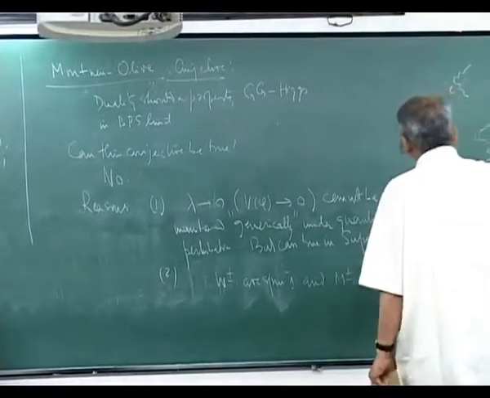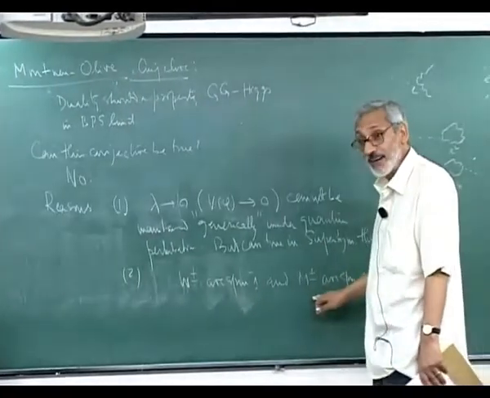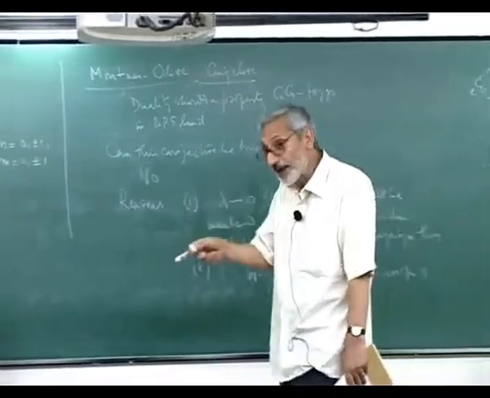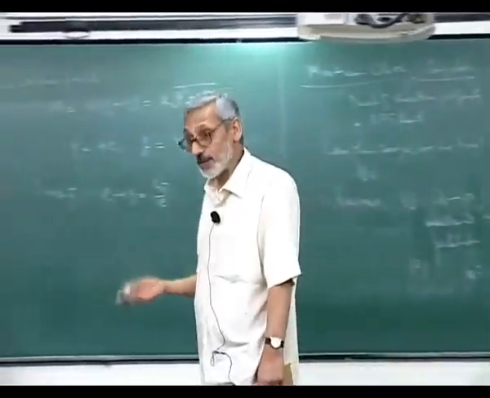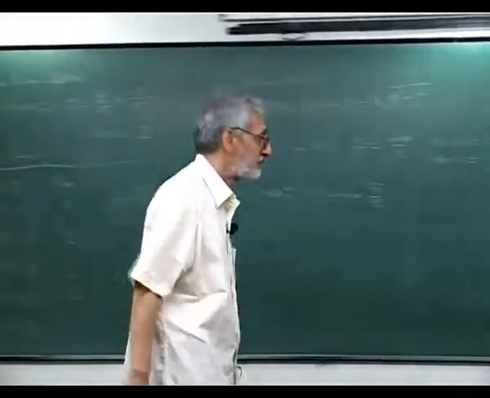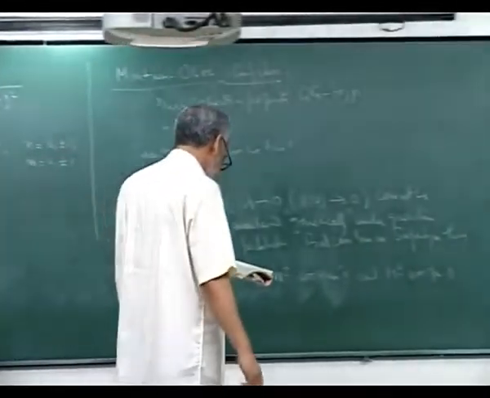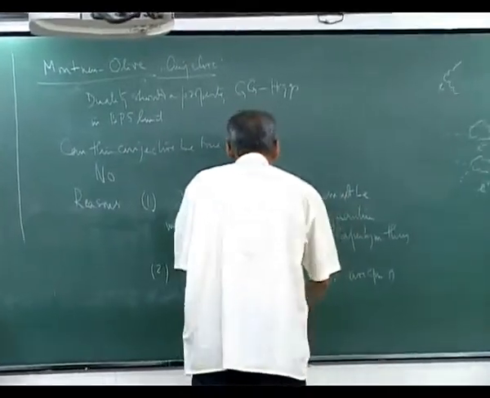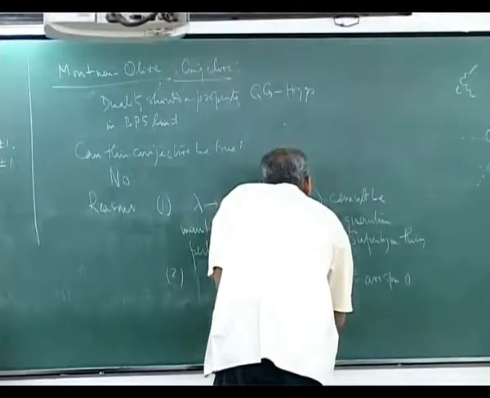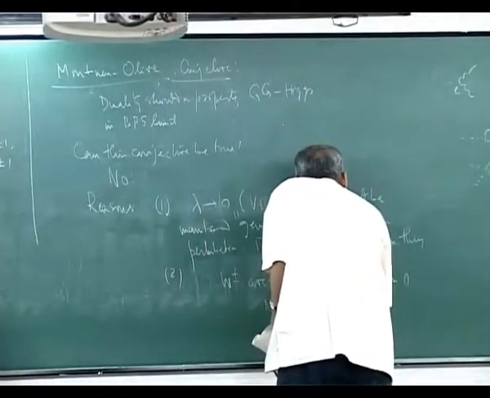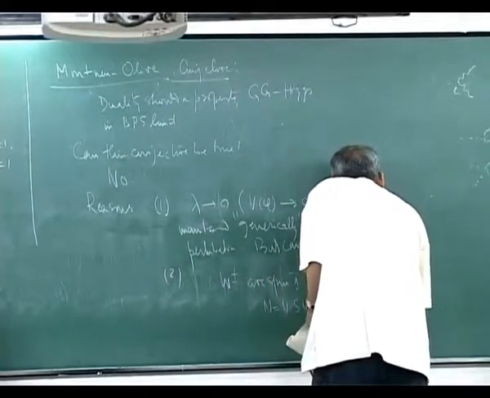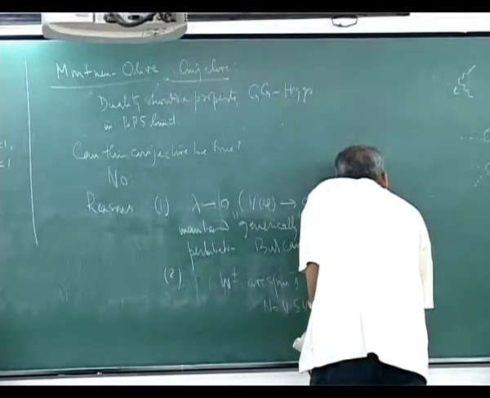So even supersymmetry may not help us generically, but is there a particular supersymmetric theory where this can change? There is one. N equal to 4 supersymmetric Yang-Mills solves this problem also.